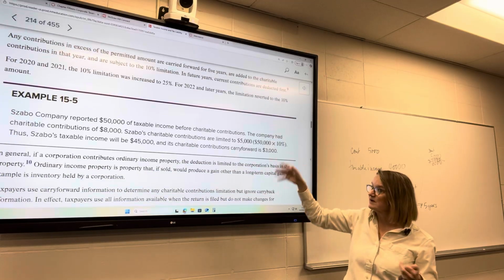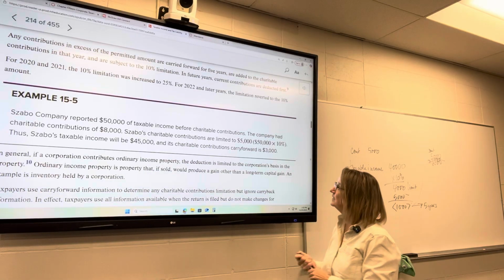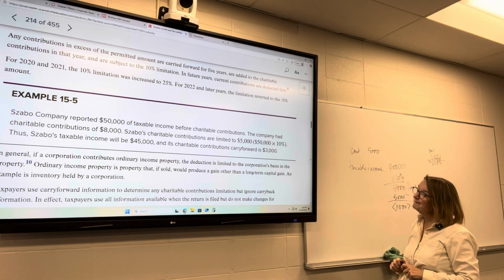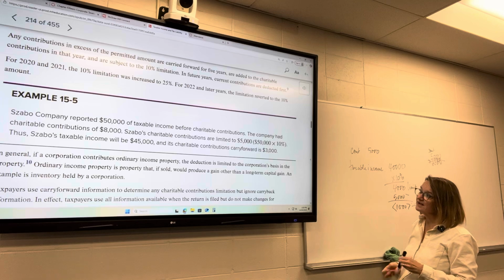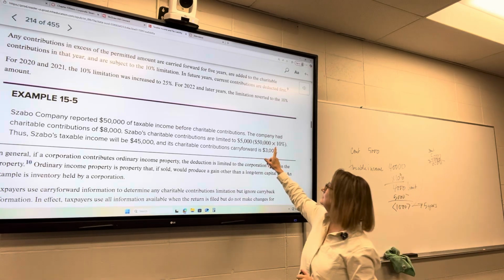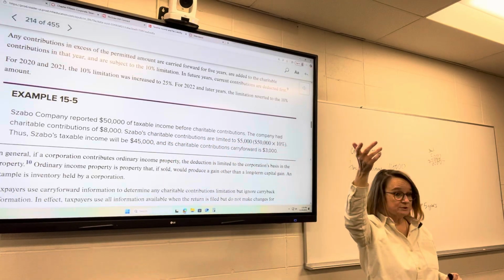So here we've got Szabo Company. They had $50,000 of taxable income before charitable contributions. The company had charitable contributions of $8,000. Their charitable contributions are going to be limited to 10% of their taxable income, so $5,000.